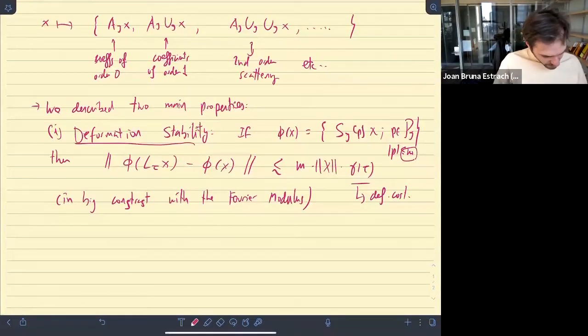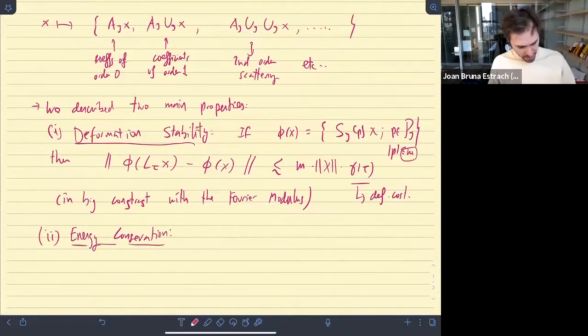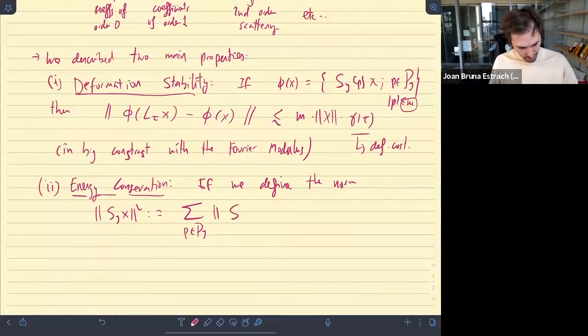So that was deformation stability, and then we also described energy conservation. That was the property that if I define the norm, it is by definition the sum over all the paths of this L2 norm.